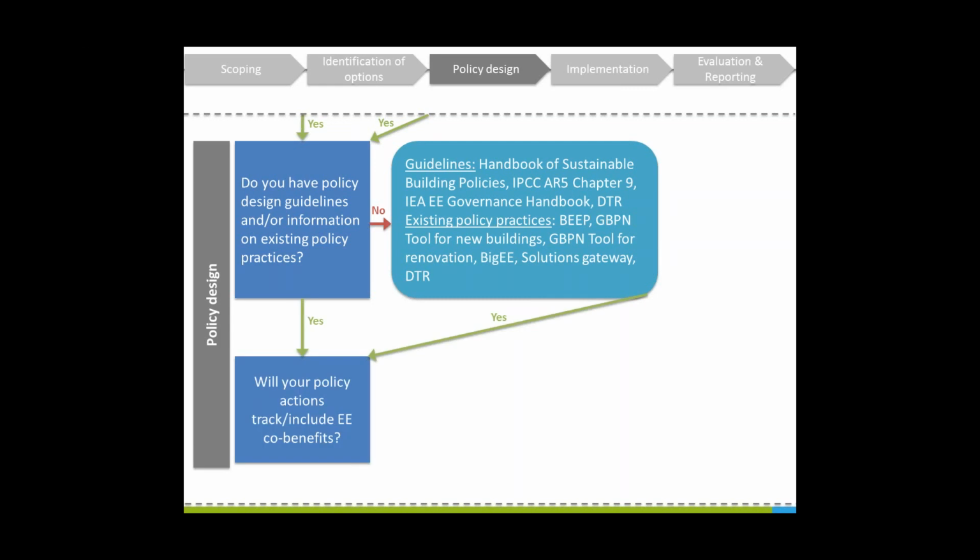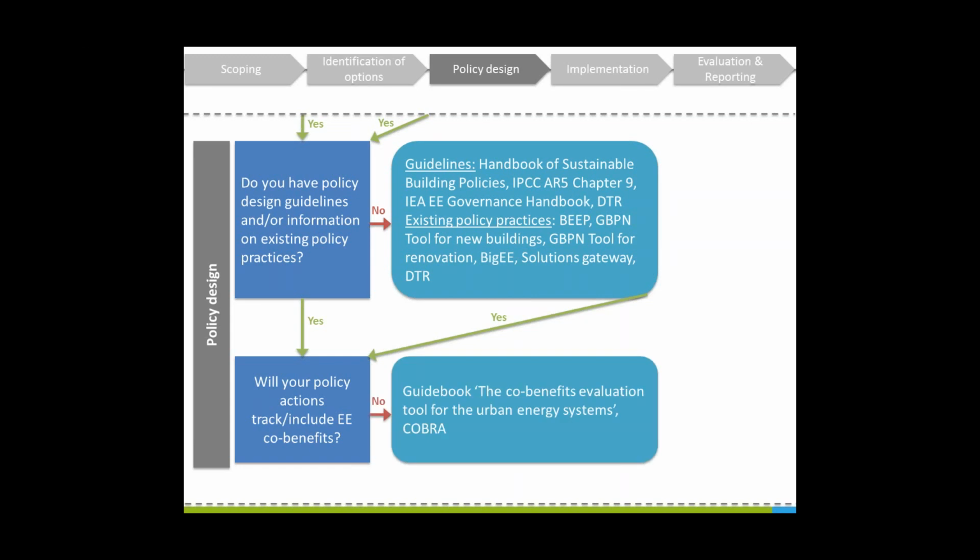Another important question to consider is how to include and track energy efficiency co-benefits. Co-benefits are not always included in the policy development process, so it is important to have information on co-benefits and include them as part of the policy design.